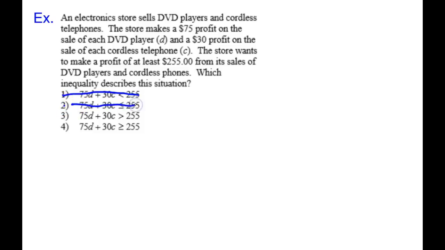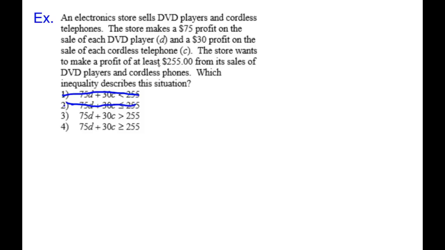Which means equation 2 is not going to work as well, because that's simply just equal to. It's less than or equal to 255. So now we've narrowed it down to 3 and 4. We have to determine whether at least means greater than, or does it mean greater than or equal to. So if we want a profit of at least $255, that means it can be equal to $255.